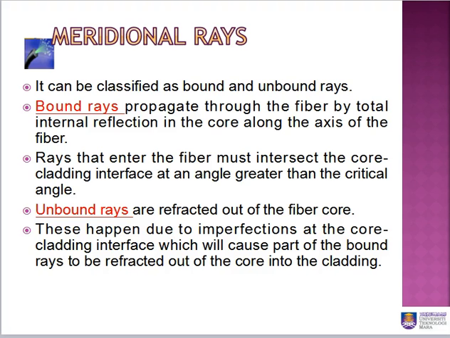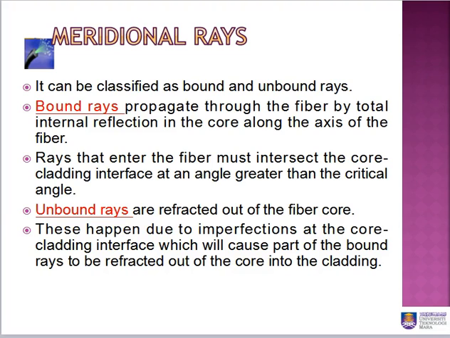Meridional rays have two types, bound rays and unbound rays. Bound rays propagate through the fiber by total internal reflection in the core along the axis of the fiber. Rays that enter the fiber must intersect the core-cladding interface at an angle greater than the critical angle. Unbound rays do not have total internal reflection, but are refracted out of the fiber core.